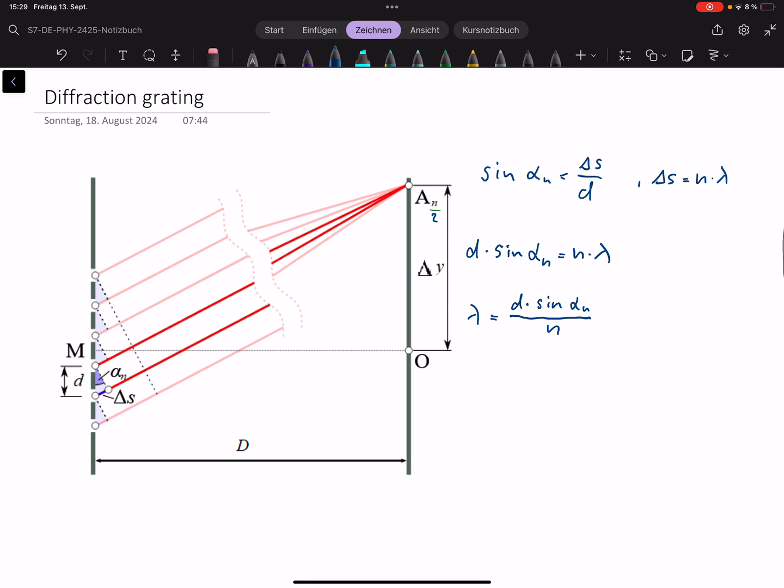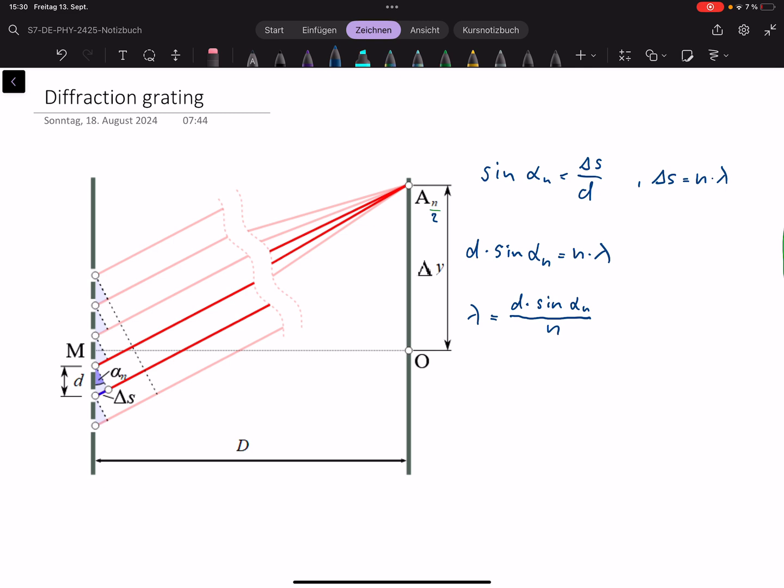These three lengths allow us to calculate the wavelength of the light that we have been using, because otherwise it's going to be difficult to measure the wavelength. So we have to determine it by this experiment, for example.